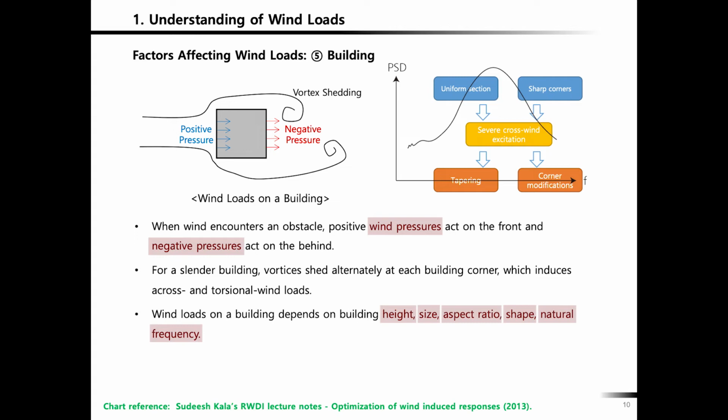Your building frequency may be located somewhere here or there. Say this is power spectral density. Typically normalized power spectral density is used, but let me talk about that later.